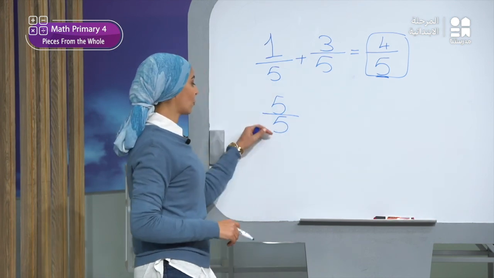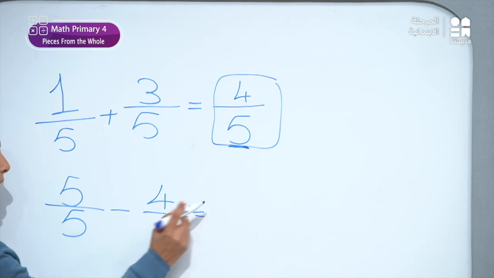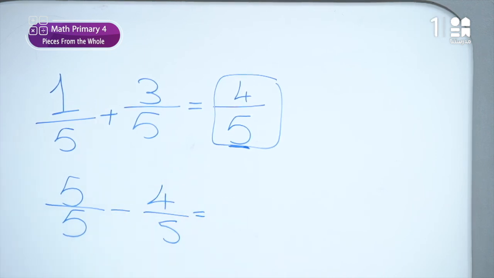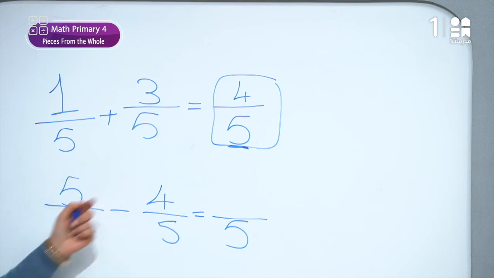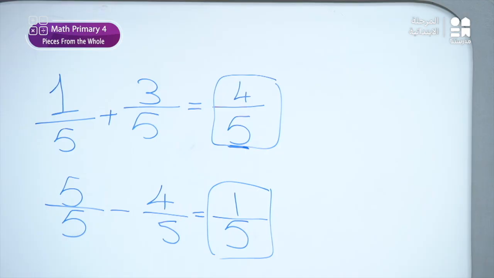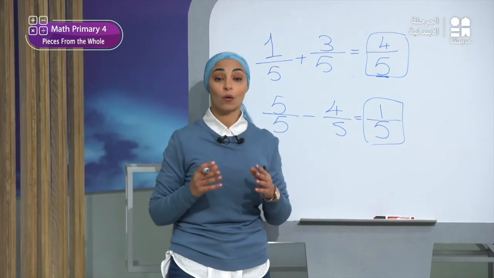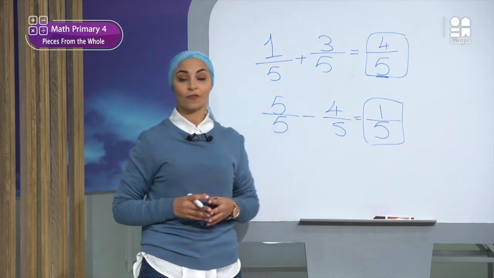So I will do 5/5 minus 4/5, what Fatma has, to know how much is left. So I will keep the denominator as it is and subtract only the numerators. 5 minus 4 gives me what? Gives me 1/5. Okay, so Fatma needs 1/5 to reach the full bottle of oil.